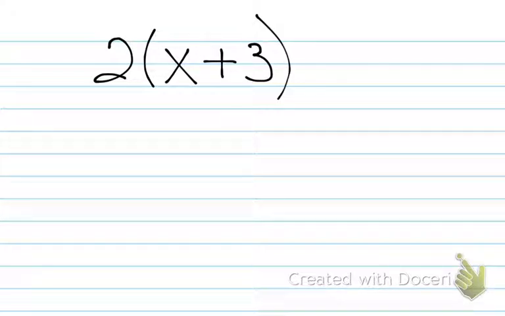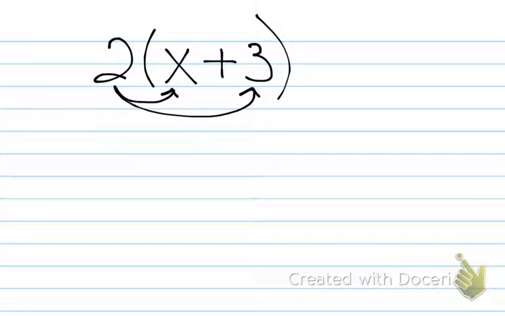So here's what we do. We distribute it. 2 times x and 2 times 3. We multiply it. Even though there's an addition sign here, we don't add them. We multiply each term inside the parentheses by the term on the outside of the parentheses.